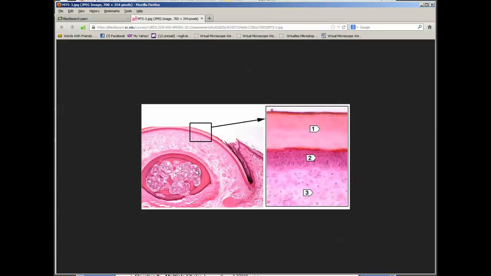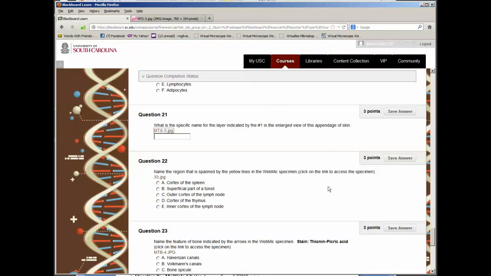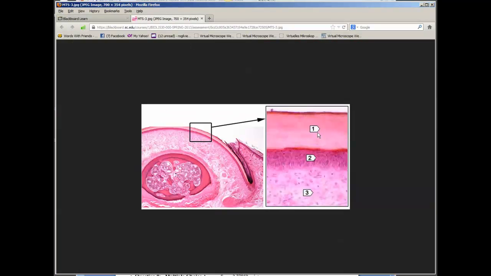You see some bone tissue here, you see what looks like skin here, and this should remind you of the nail. So number 1 is the nail plate, number 2 is the nail bed, and number 3 is the dermis. You're asked about layer number 1, so that would be the nail plate.